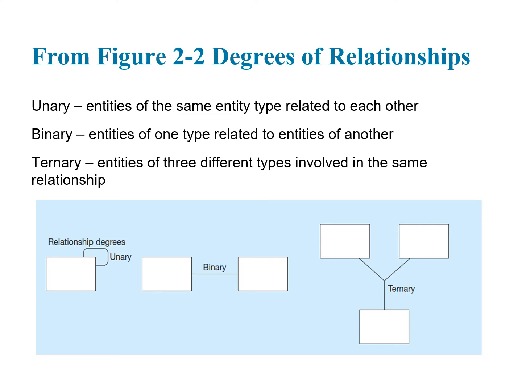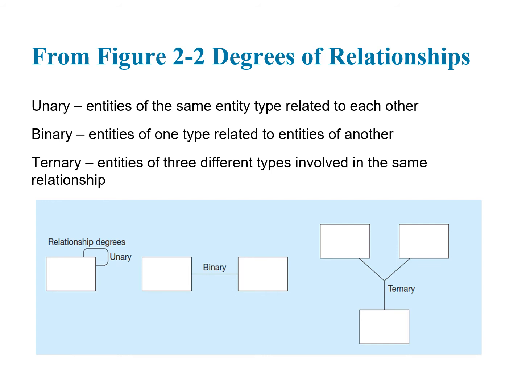So, from Figure 2-2, degree of relationship. One example of a unary relationship would be a supervisor-subordinate relationship, which exists between employees.